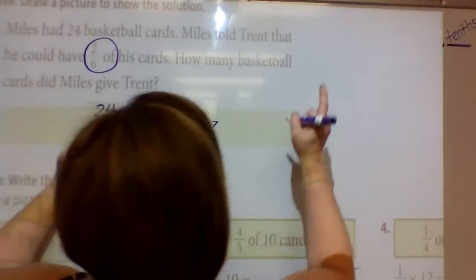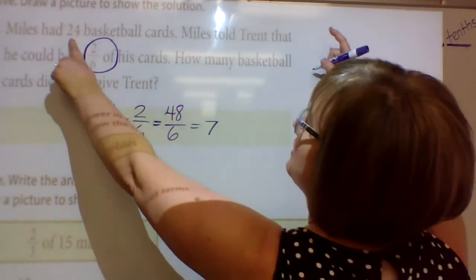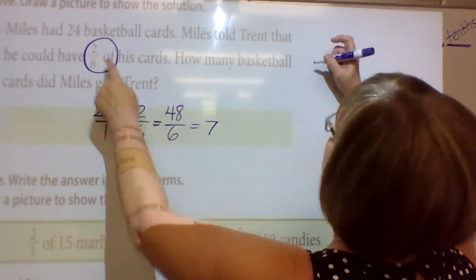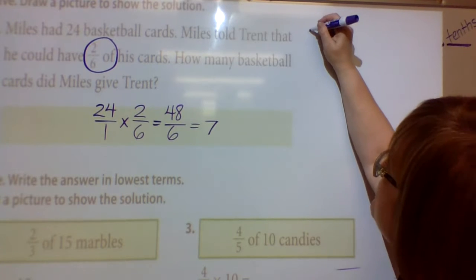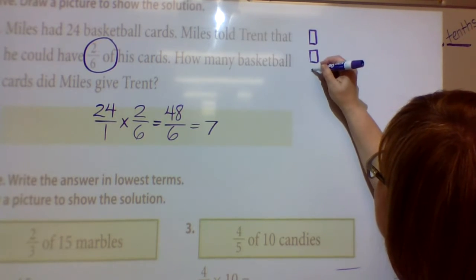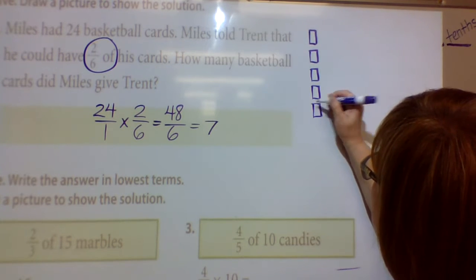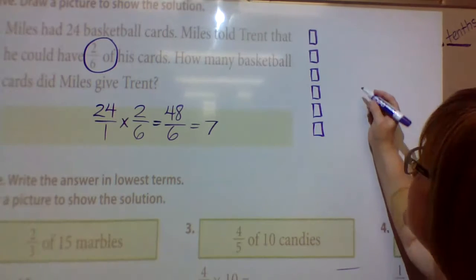Okay, so now we have to make a picture of this. So 24 cards, the denominator here is 6. So we're going to make 6 rows. So here's 1 row, 2 rows, 3 rows, 4 rows, 5 rows, 6 rows. I'm kind of going sideways.